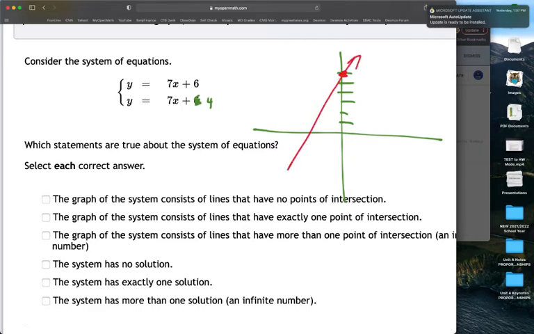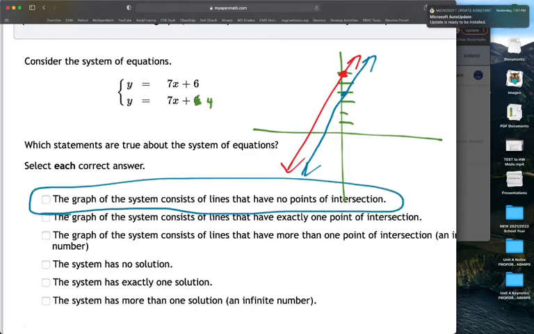The second equation has a y-intercept of 4 and the same exact slope. So we end up with parallel lines, since both of those lines rise 7 and run 1, but they go through different points on the y-axis. So there are no points of intersection, and the system has no solution since those two lines never cross each other.